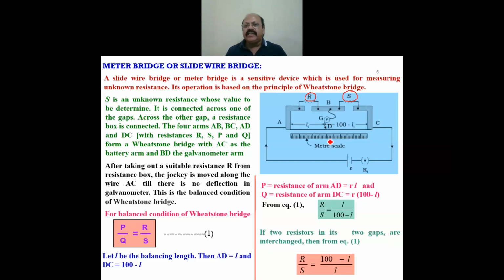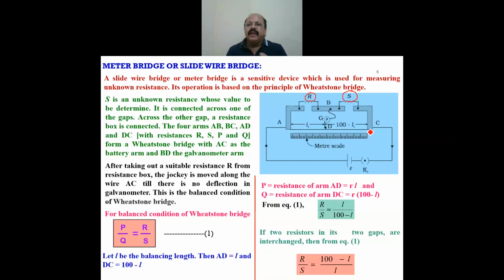There is a meter scale here, and these A and C points, as you have seen in the Wheatstone bridge, are the same points we have taken here, which are connected to a cell along with a key K1. Across the 2 points B and D a galvanometer is connected along with a jockey. Between A and C there is a 1 meter wire.